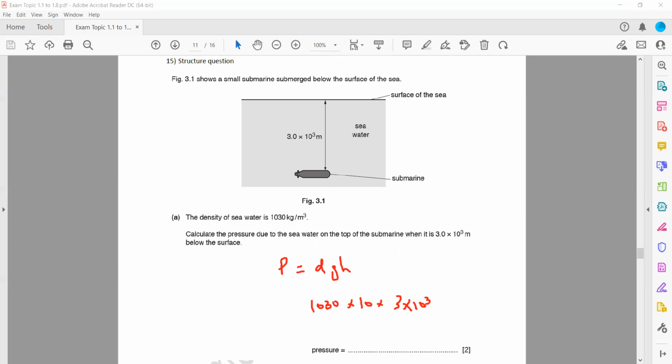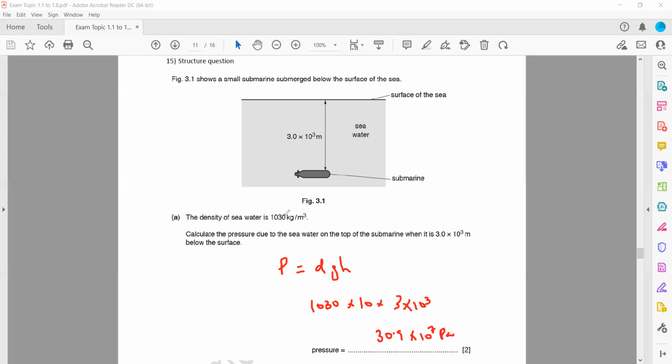When we multiply these factors, we get 30.9 × 10^7, and the SI unit is Pascal.